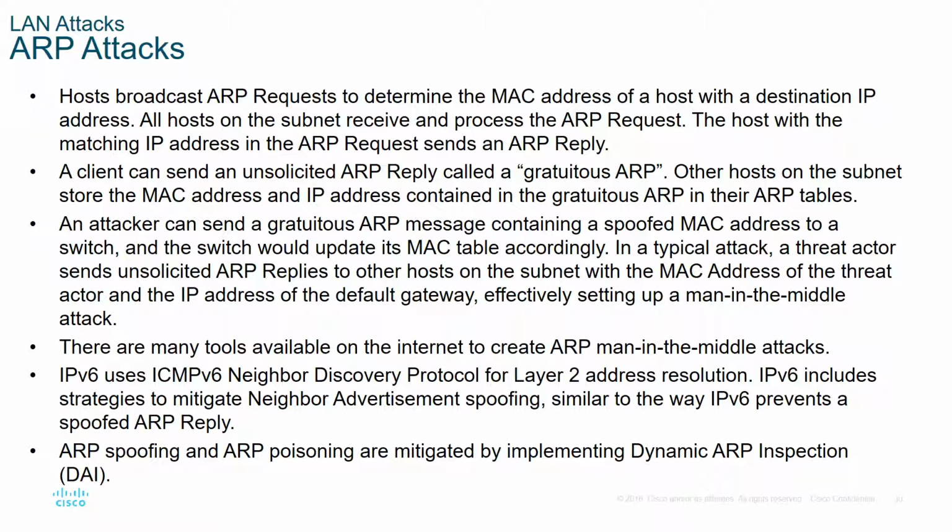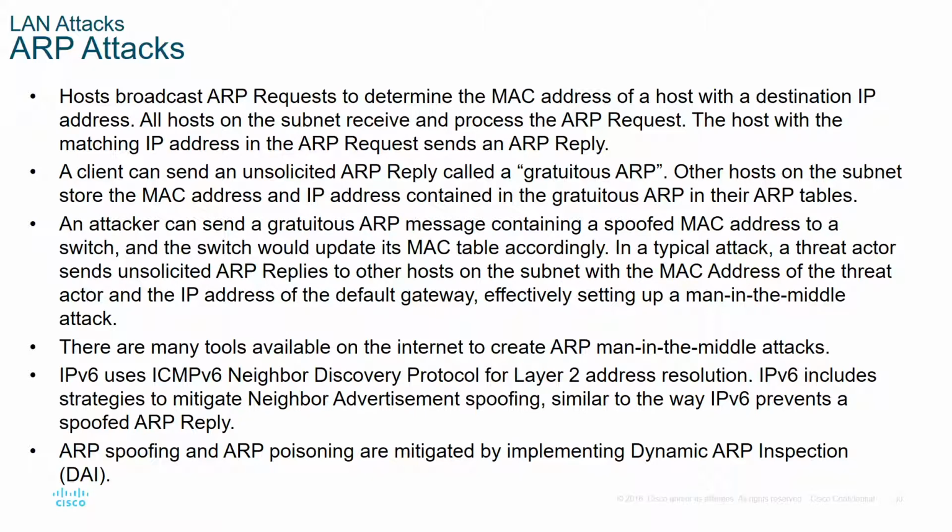An attacker can send a gratuitous ARP message containing a spoofed MAC address to a switch, and the switch would update its MAC table accordingly. In a typical attack, a threat actor sends unsolicited ARP replies to other hosts on the subnet with the MAC address of the threat actor and the IP address of the default gateway, effectively setting up a man-in-the-middle attack.